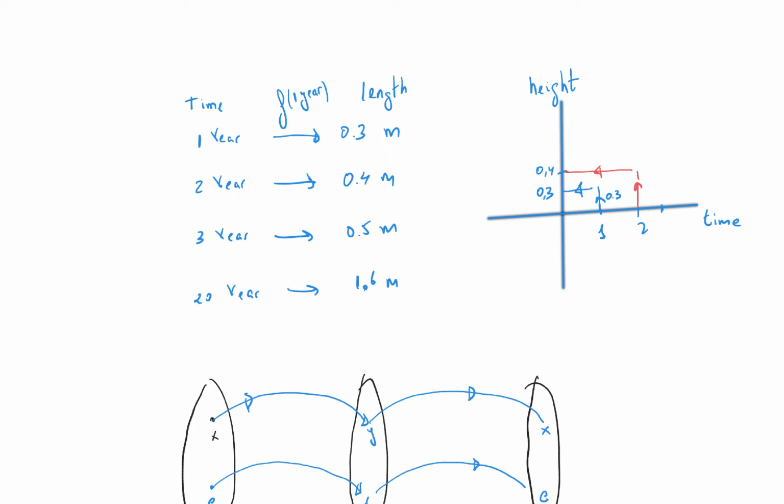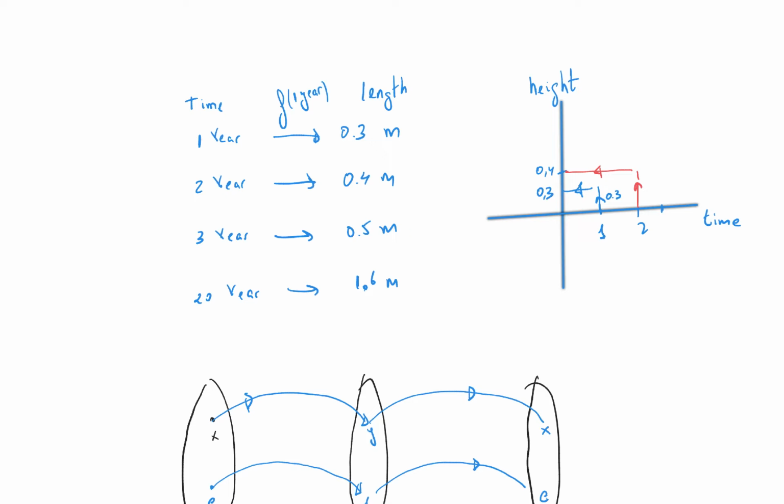Let's review one very basic idea. A function is like something that transforms one thing into another thing. For example, imagine that you measure your height with the time t. Maybe when you were 1 year old, your height was 0.3. Maybe when you were 2 years old, your height was 0.4 meters.